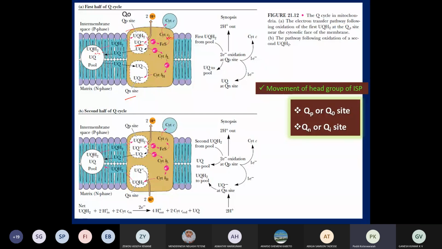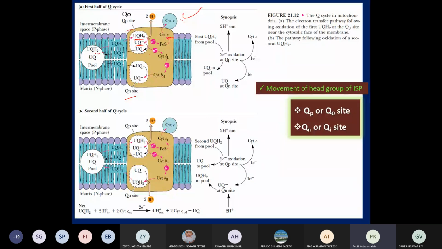The cytochrome C1 further transfers this electron to cytochrome C, the mobile electron carrier. So when the ubiquinol undergoes oxidation, one electron is carried to the cytochromes in one direction, and the semiquinone further becomes ubiquinone by transferring the second electron to cytochrome Bl and cytochrome Bh.